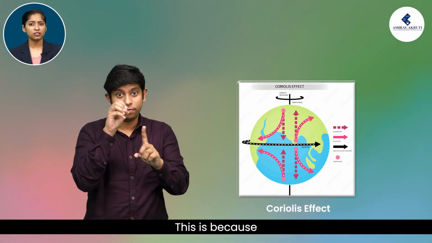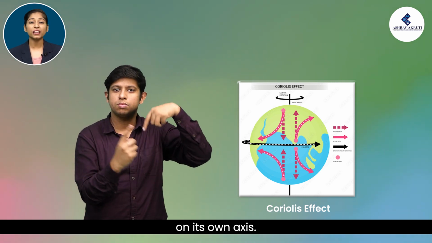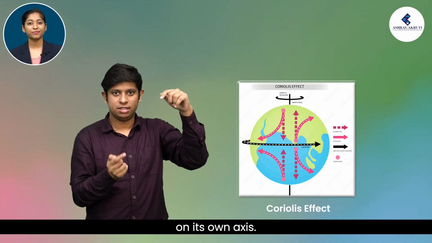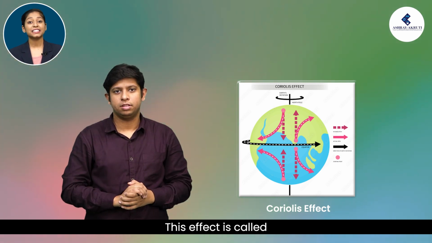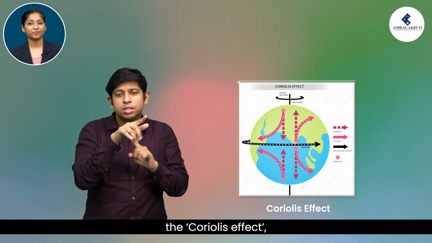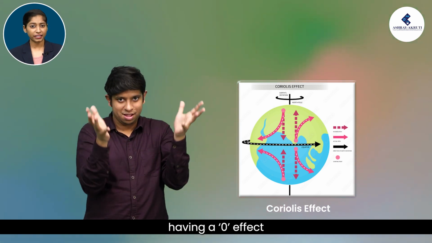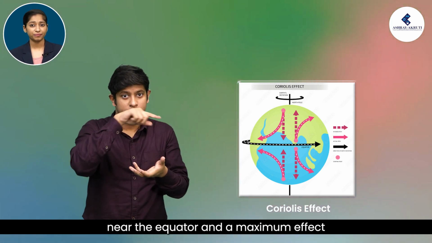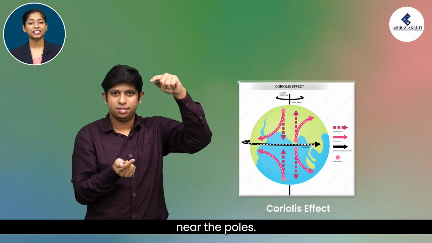This is because of the impact of Earth's rotation on its own axis. This effect is called the Coriolis effect, having a zero effect near the equator and a maximum effect near the poles.